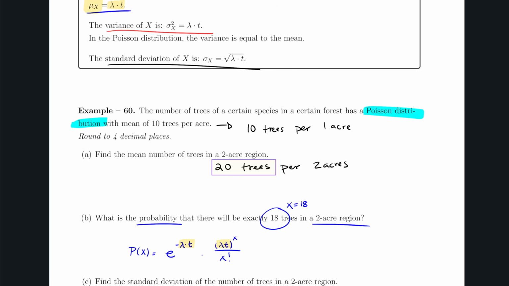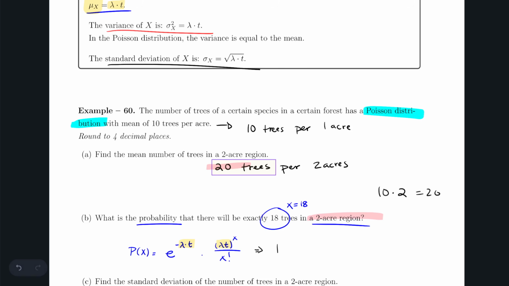So we know that for a 2-acre region, the mean is 20. And that's because our rate of trees is 10 per acre, over a 2-acre period of space gives us our 20. So this lambda times t, I can either rewrite it as 10 times 2, or we know it simplifies that our mean over 2 acres is 20.